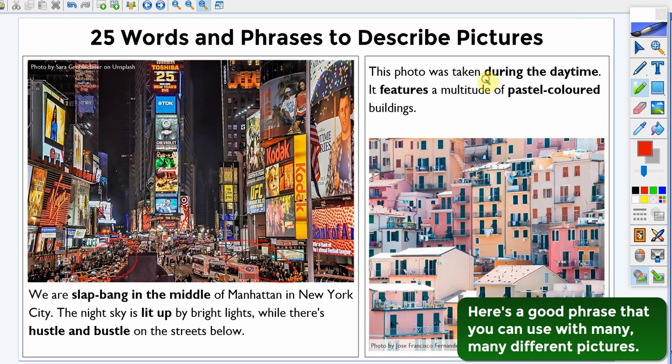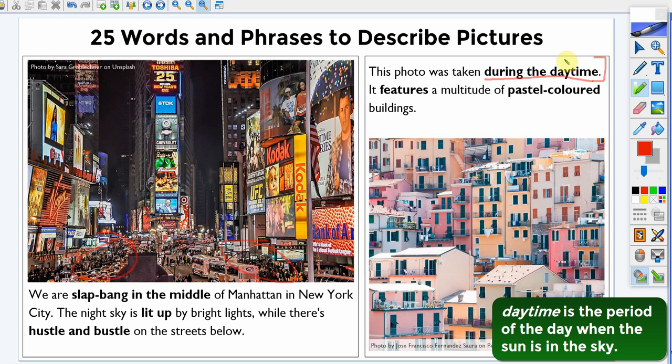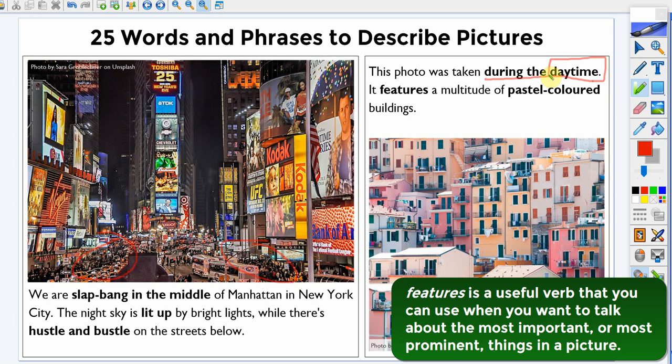Here's a good phrase that you can use with many different pictures. Daytime is the period of the day when the sun is in the sky. Features is a useful verb that you can use when you want to talk about the most important or most prominent things in a picture.